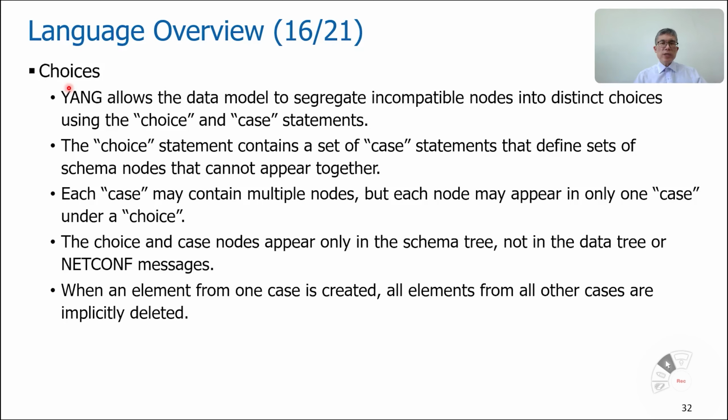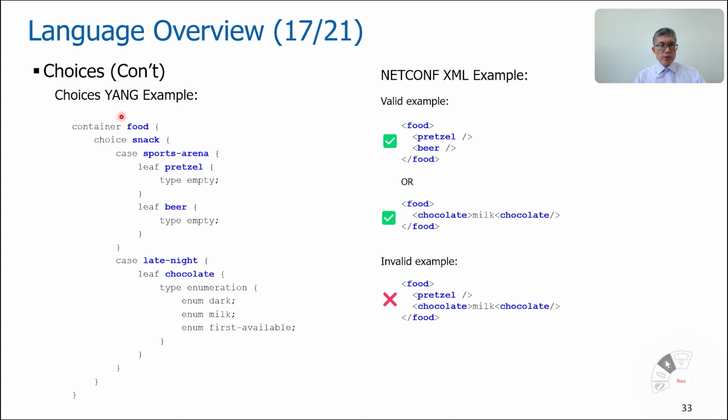And choice is like a switch-case statement in C. So the choice is a kind of switch statement. The case is a case statement selecting during the selections. So here, the container is a snack. Snack is a kind of switch statement. The snack value depends on the choice, and then it is sports-arena or late-night.